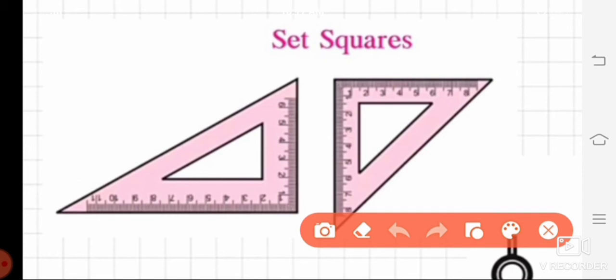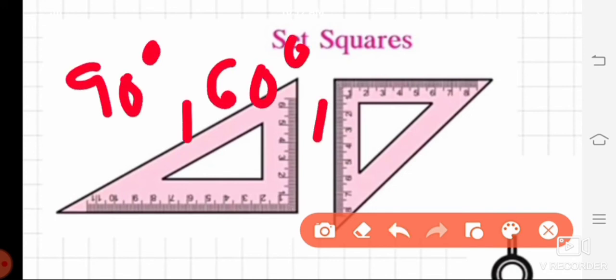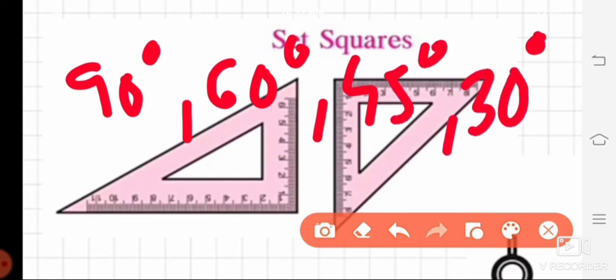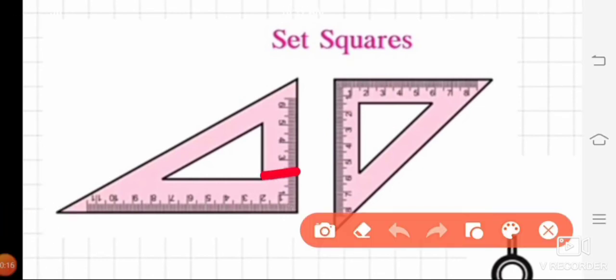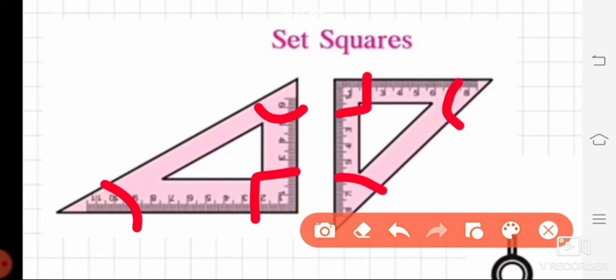So with the help of these set squares, we are able to draw angles of 90 degree, 60 degree, 45 degree and 30 degree. Okay. Now the first set square has 90, 30 and 60 angles and the second one has 90, 45 and 45 degree angles.